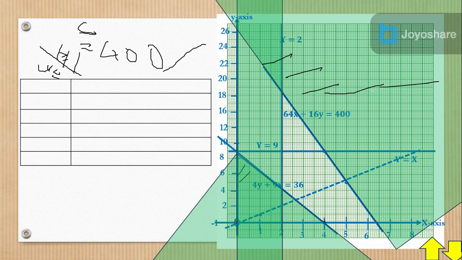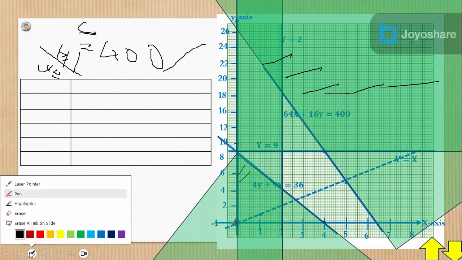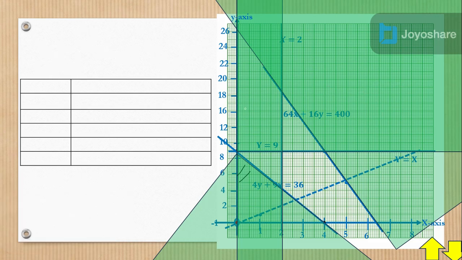Okay, we have another one. We have the line y equals 9, and we have shaded it up. Why?